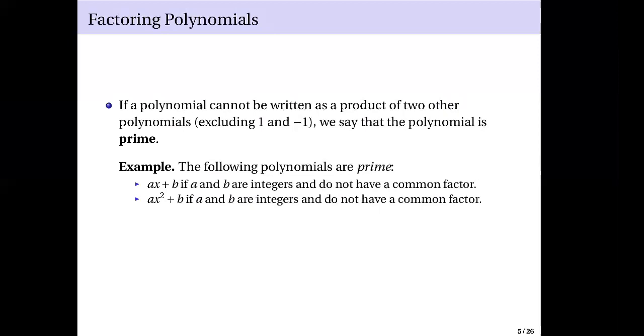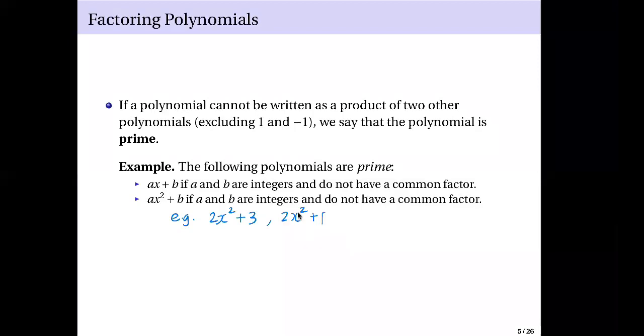Another type of polynomial, or another example of prime polynomials, is ax squared plus b, if a and b are integers and do not have a common factor. So you have, possibly, 2x squared plus 3, or maybe 2x squared plus 1. This is also prime.